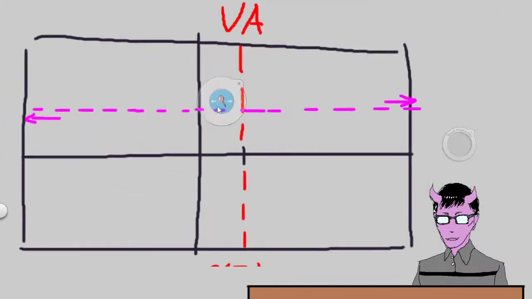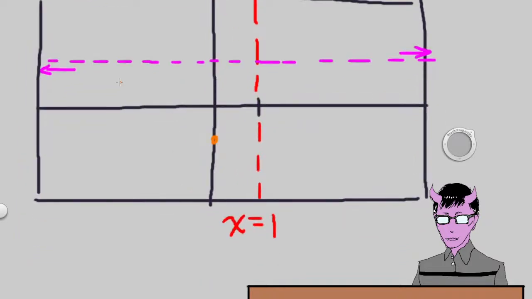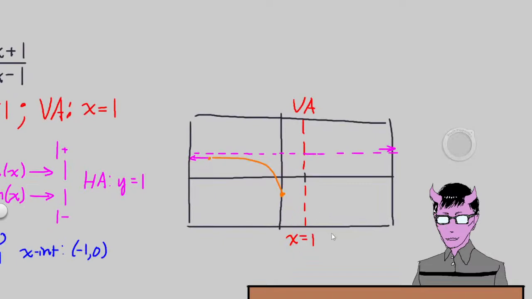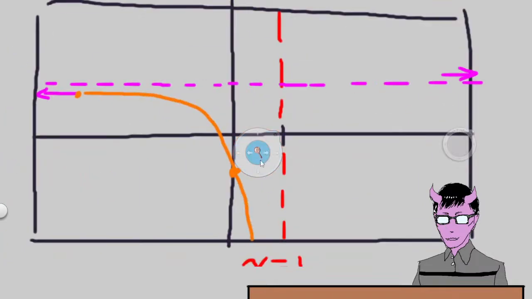Okay, so if you plug in 0, then we get negative 1. It's here-ish. So we need to connect this end behavior with this one right here as smoothly as possible. Unfortunately, this graph is kind of funky, but it should be doing something like this. I wish I'd drawn this a little better. But don't cross this wall. Never cross the vertical asymptotes. So something like this. I'm just going to cut it off. Let's not commit to anything.